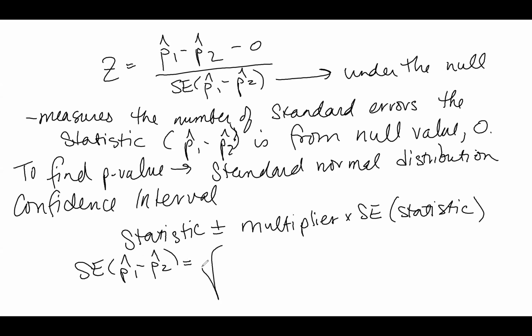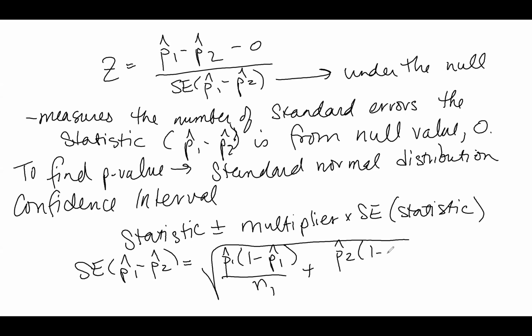So we're going to use each individual proportion. So we're going to use p-hat 1 times 1 minus p-hat 1 divided by n1 plus p-hat 2 times 1 minus p-hat 2 over n2. So this standard error is what we're using to find the margin of error for our confidence interval.